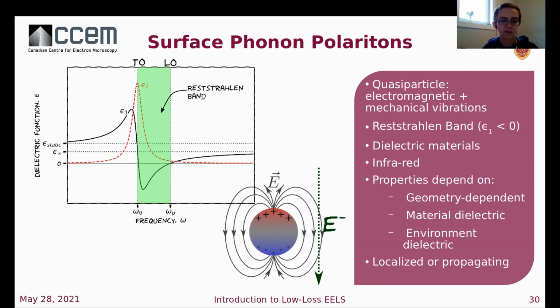The phonon polaritons are quasi-particles, again, similar to the plasmon polaritons. They are a mix between electromagnetic oscillations and the mechanical vibrations, but this time it's the vibrations of the ions in the lattice. Again, these properties depend on the geometry of the material, the dielectric of the material, and the dielectric of the surrounding environment.